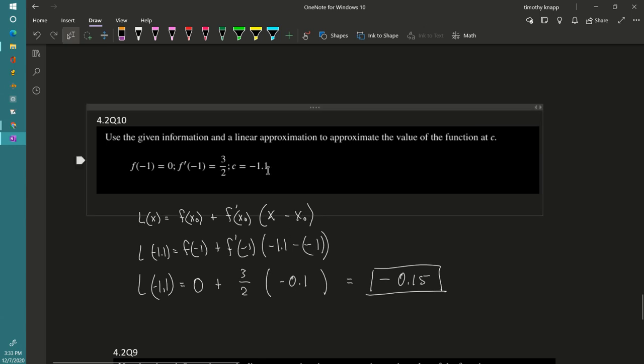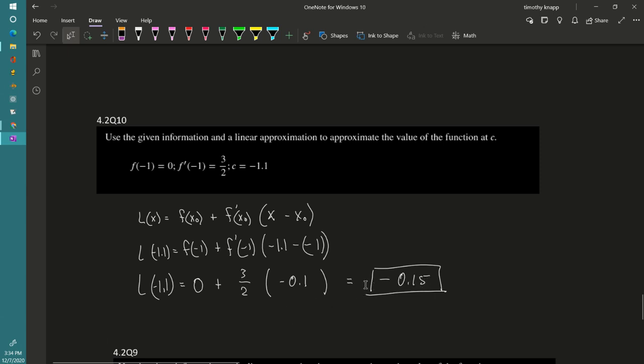And then this c value is like that x coordinate that you're saying is close to the actual tangent point. So in our question, this would be the green x, and this would be the green y value that accompanies that, which happens to be, in this case, -0.15.